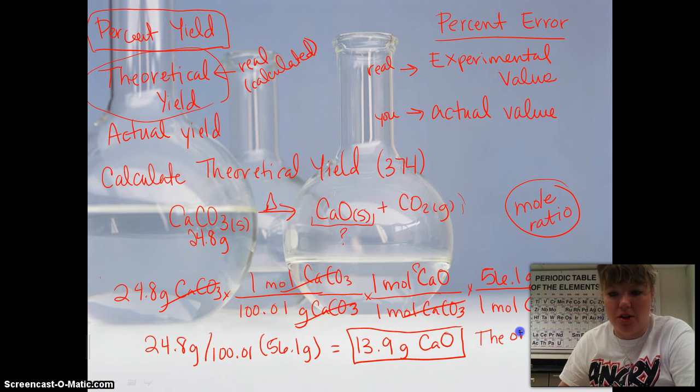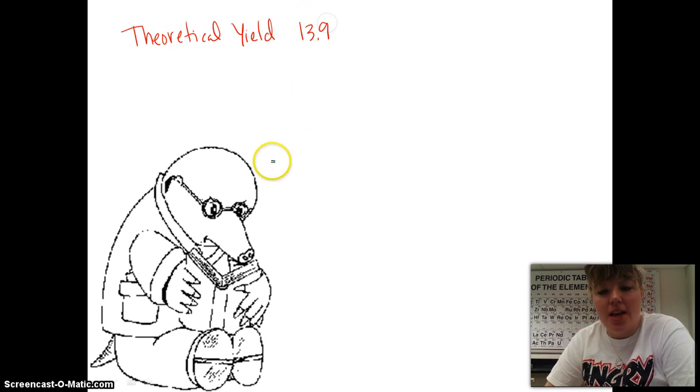Now, once you have your theoretical yield, you can calculate how much you did, or how good of an experiment you did. Okay, so let's go ahead and go to the next slide. And so now we have a theoretical yield of 13.9.